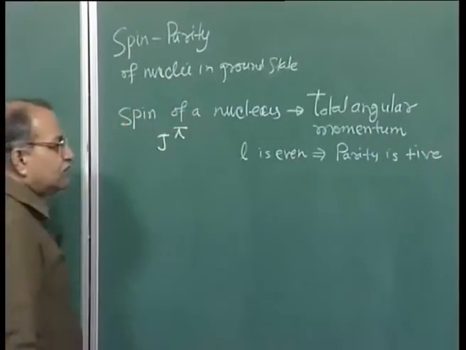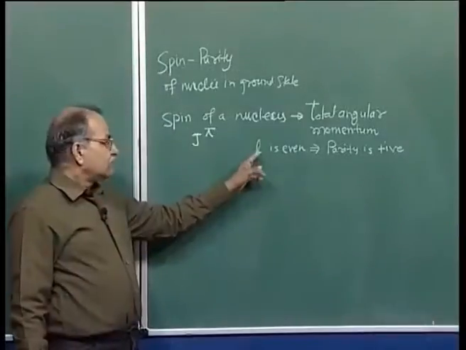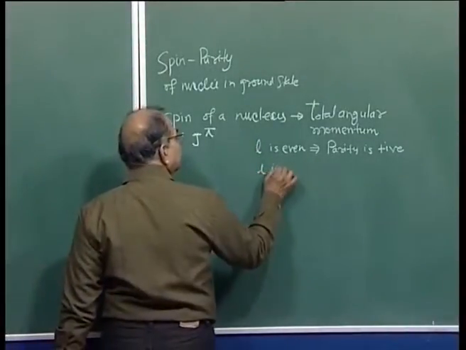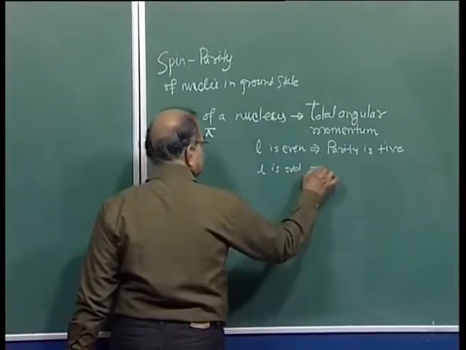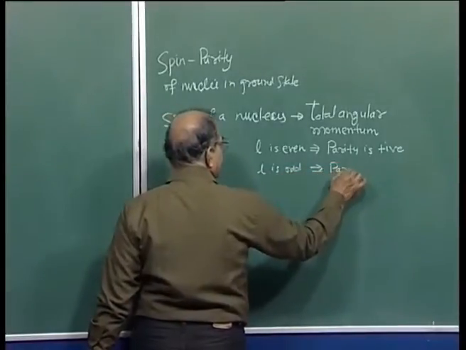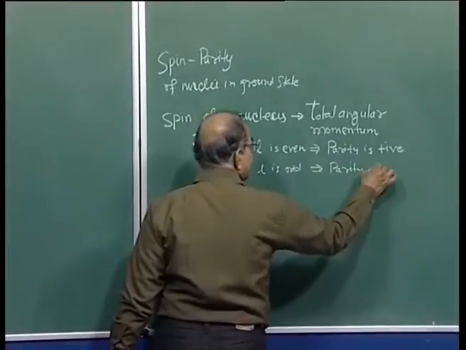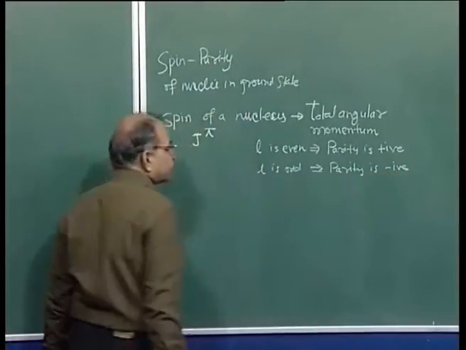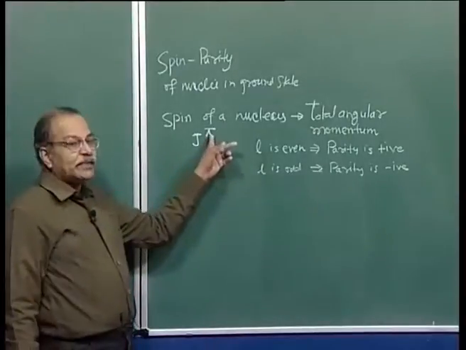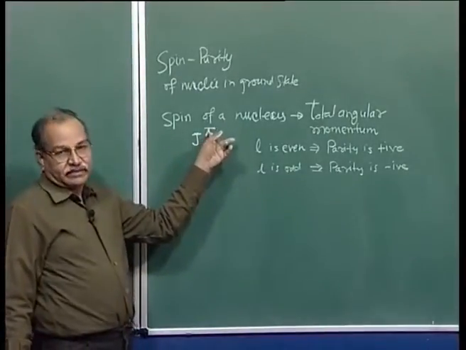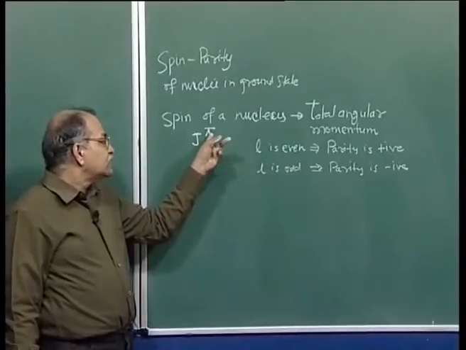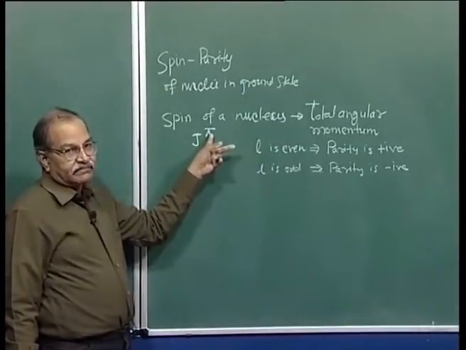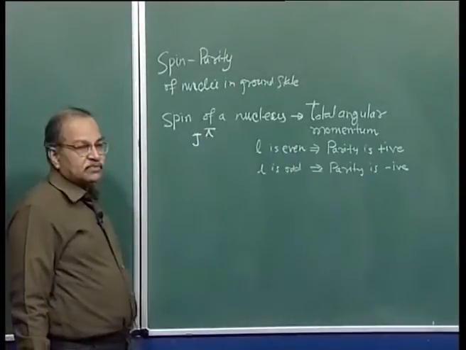Your space part of the wave function will depend on this L, and if L is odd, we say that parity is negative. We had discussed a little bit of this while doing deuterons. As a superscript, it is written plus or minus. If it is written plus, parity is positive. If it is written minus, parity is negative, and J is the total spin.